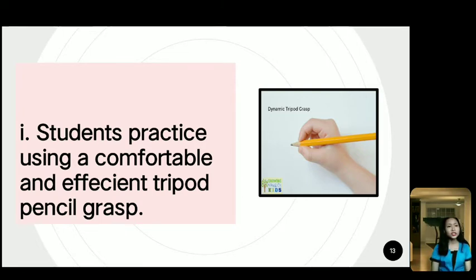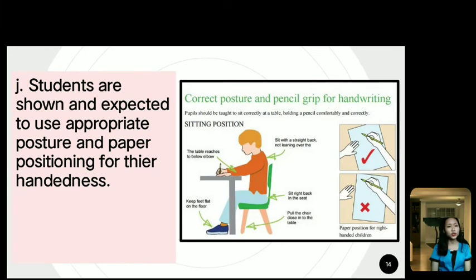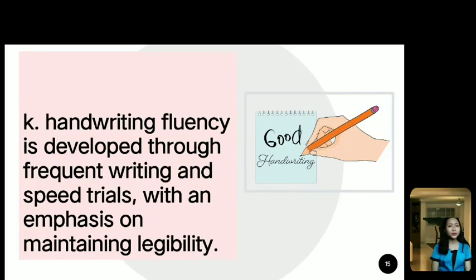Next, students are shown and expected to use appropriate posture and paper positioning for their handedness. The pupil must be taught to sit correctly at a table, holding a pencil comfortably and correctly. Next, handwriting fluency is developed through frequent writing and speed trials, with an emphasis on maintaining legibility.